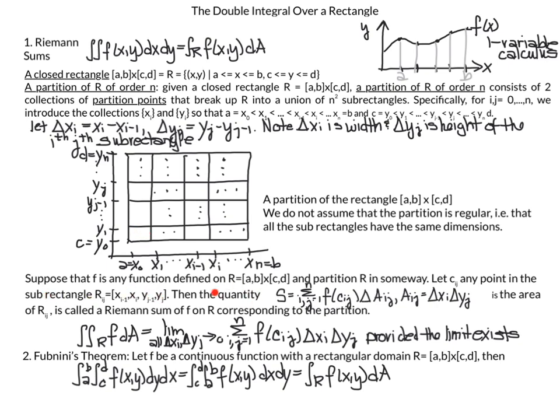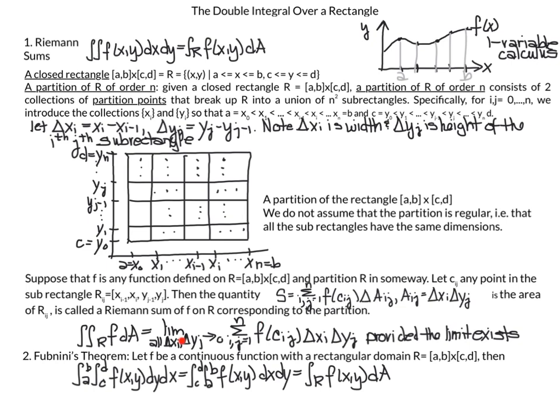Then we sum over all the partitions: for each one, we take a kind of random height in the rectangle and multiply it by our area. A_ij is the length of the partition times the width of the partition, and what we get is our volume. This is our Riemann sum corresponding to the partition.